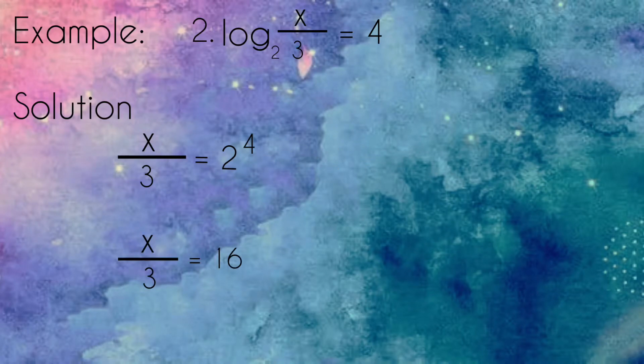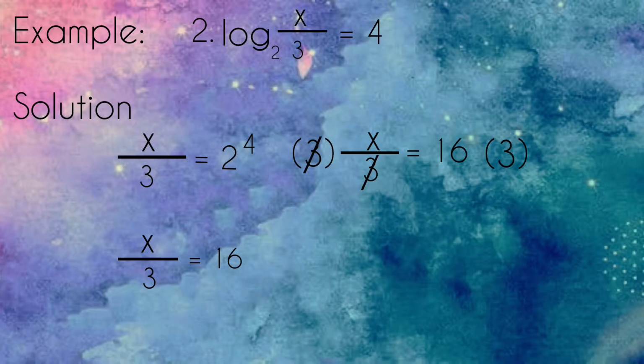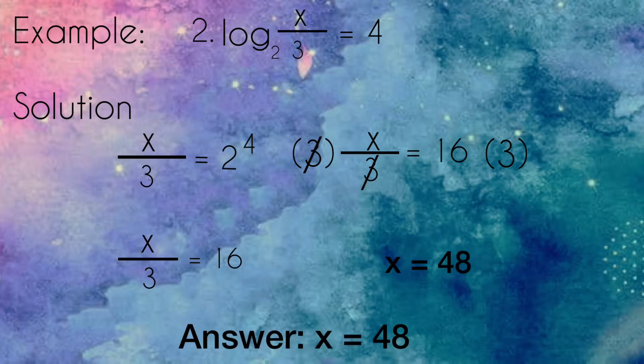Then it will become 16 is equal to x over 3. Since x has a denominator, multiply both sides by 3. The last step is to cancel the 3 in the denominator of x and multiply the 3 by 16. So the answer will be x is equal to 48.